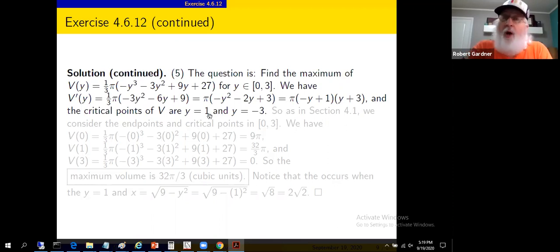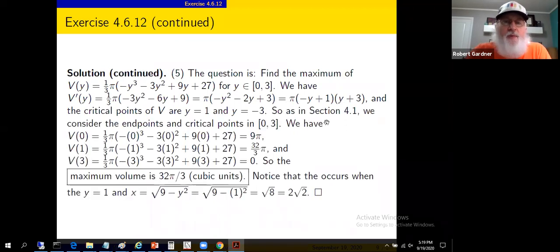Okay, 1 is the only critical point between 0 and 3. So, section 4.1 material, extrema for a continuous function on a closed and bounded interval. Check the endpoints, 0 and 3, and check the critical point, 1. We plug in 0 to the original function. Here's the original function sitting up here. Plug the zeros in.